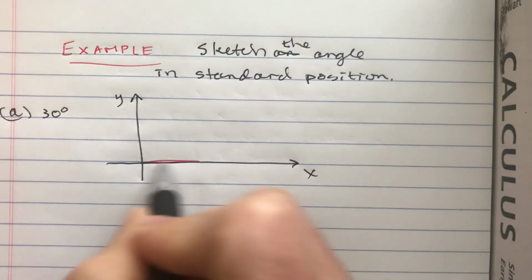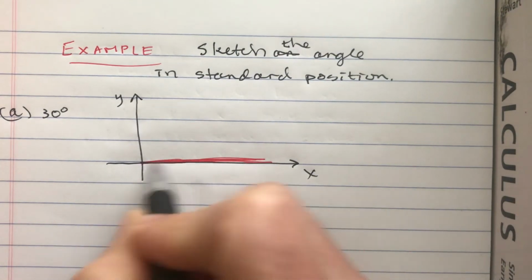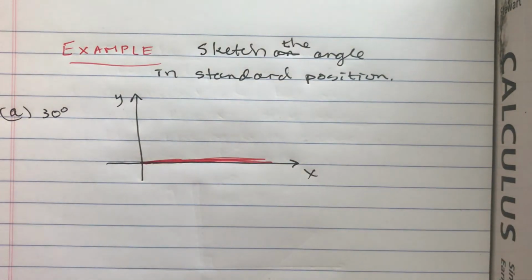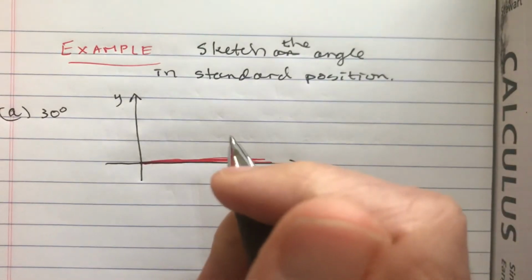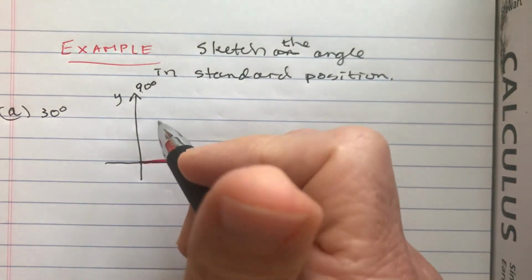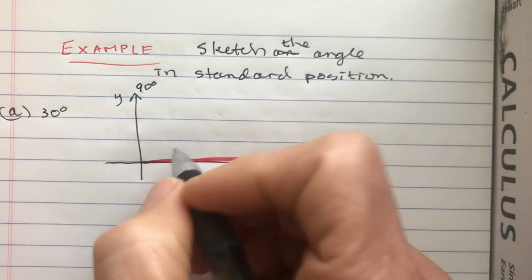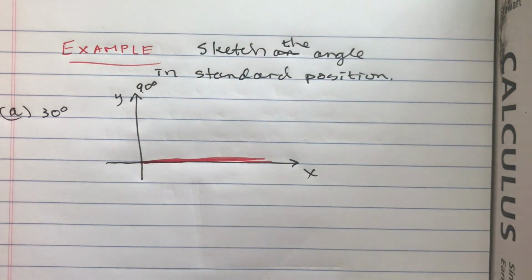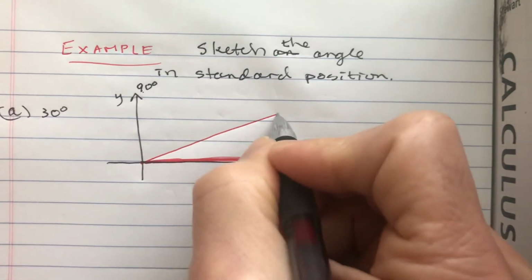That's just our home base right there. Now for 30 degrees, we have to do a little bit of fractions and dividing. 90 degrees is 1/4 of the way around. If you take 90 and divide by 3, 9 divided by 3 is 3, so 90 divided by 3 is 30 degrees. And so this is a 30-degree angle.